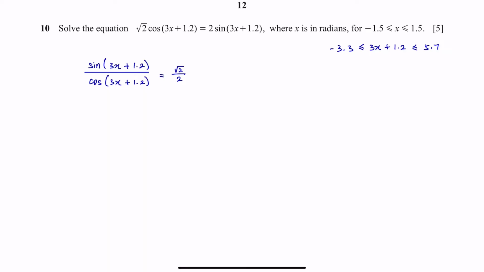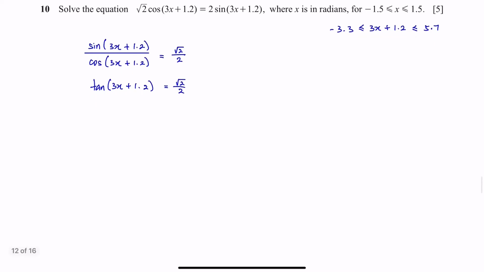So sine over cos gives us tangent of 3x plus 1.2 equals sec 2 over 2, and the base angle would be arctangent of sec 2 over 2, which is 0.61548.